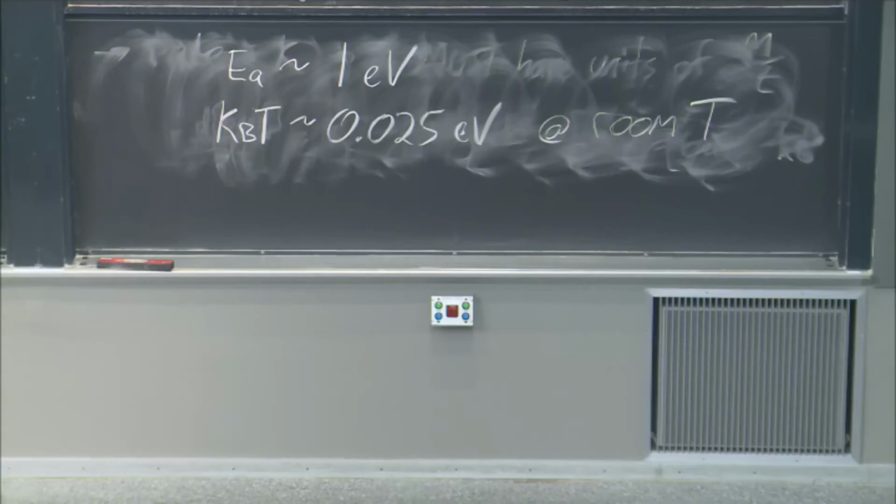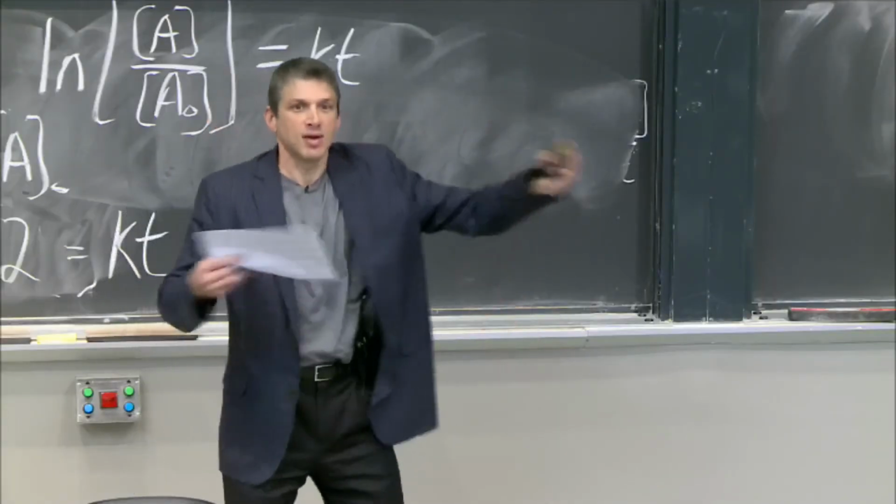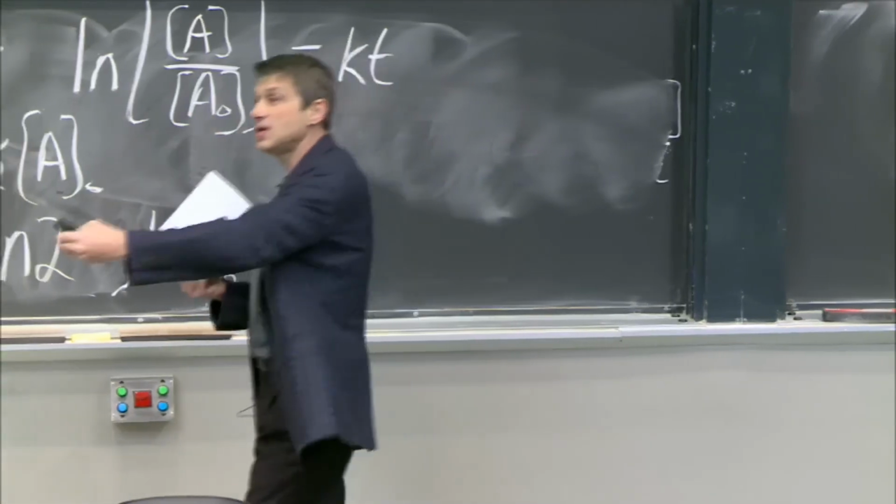Here it is again: this is the Boltzmann distribution. If I have my barrier for the reaction to happen, shown there with the vertical line, and two temperatures, kT may be small, but there's some tail out there where there is enough thermal energy, enough kinetic energy, for this collision to lead to the reaction.